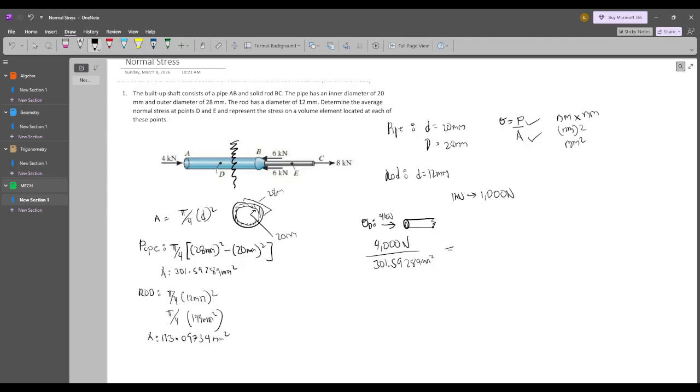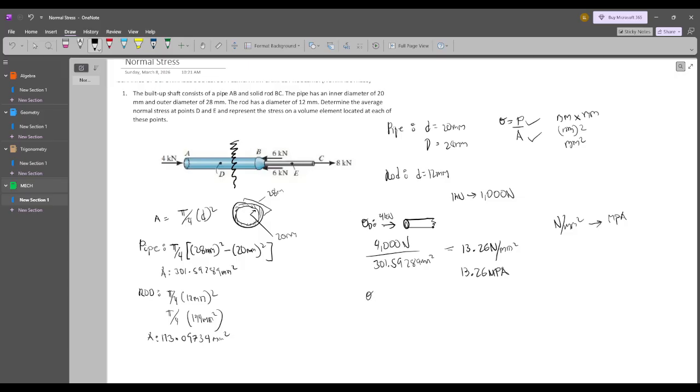That'll give us 13.26 newtons per millimeter squared, or 13.26 megapascals, because newton per millimeter squared is just megapascals. That's why I decided to convert 4 kilonewtons into 4,000 newtons.